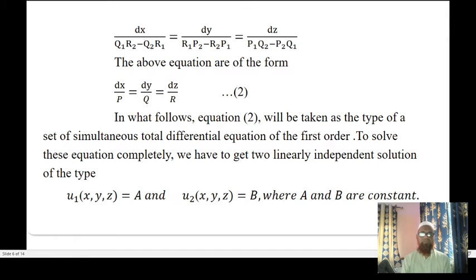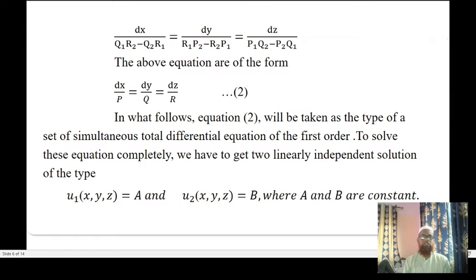To solve this equation completely, we have to get two linearly independent solutions of the type u1(x, y, z) equal to a and u2(x, y, z) equal to b, where a and b are constants. So generally equations of the type, that is equation 1 and equation 2, are equivalent.